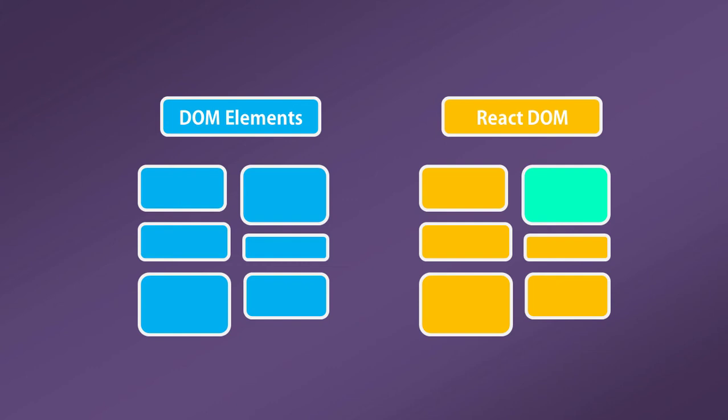Once the virtual DOM has updated, React compares the virtual DOM with a virtual DOM snapshot that was taken right before the update. By comparing the new virtual DOM with the pre-updated version, React figures out exactly which virtual DOM objects have changed. This process is called diffing.